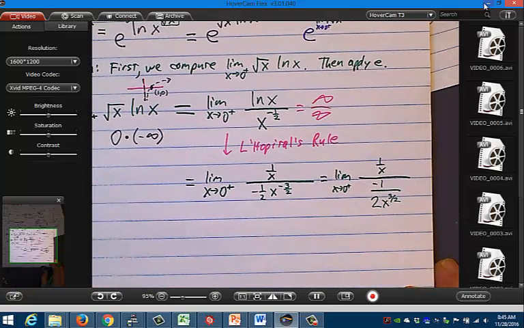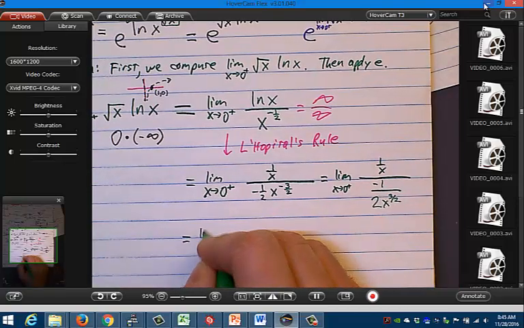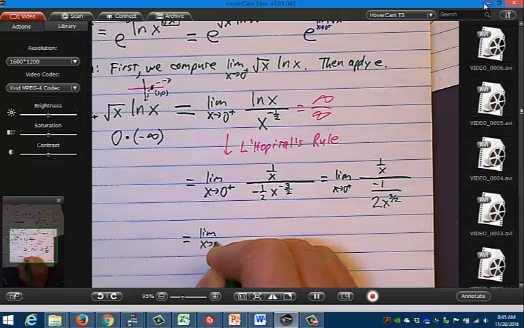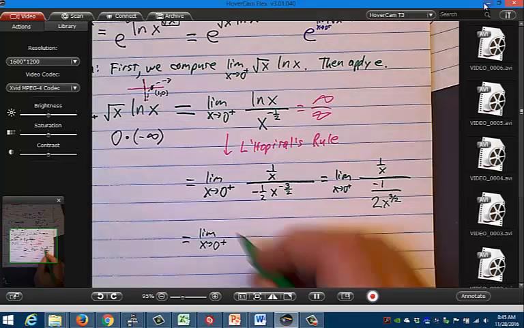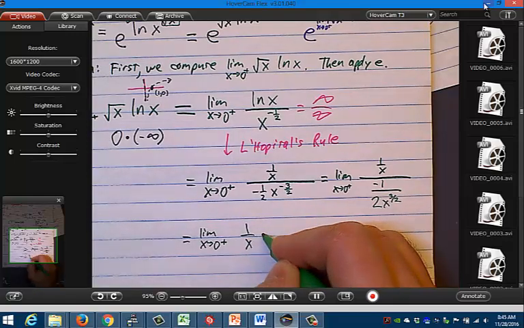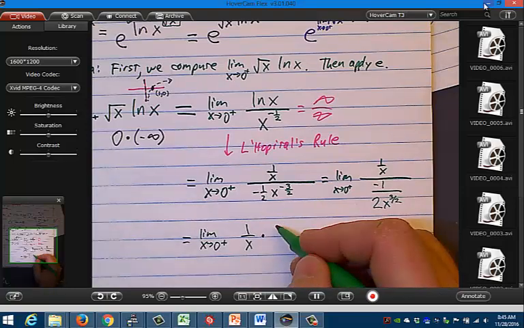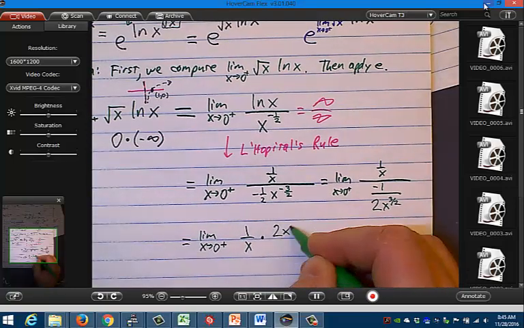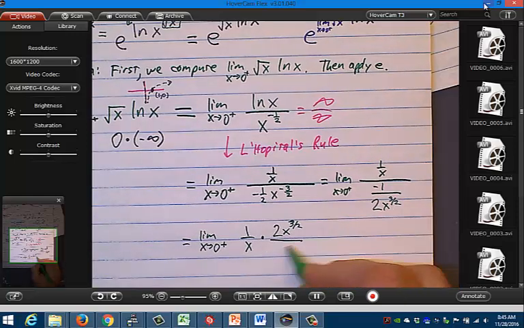So again, I have two fractions I'm dividing. Let's write it as the limit as x approaches 0 from the positive side of, instead of dividing the fractions, 1 over x times 2x to the positive 3/2 over negative 1.